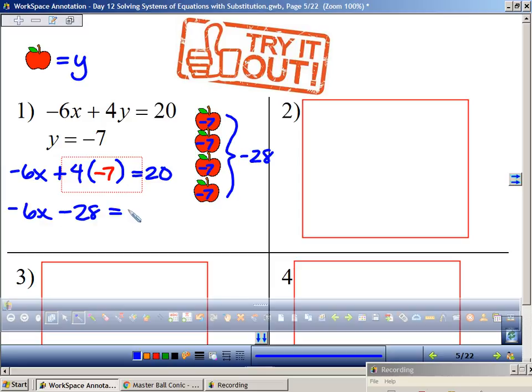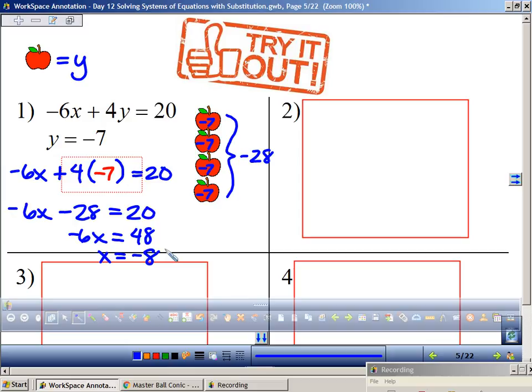Minus 28 equals 20. So negative 6x equals, well, if I have negative 28, how much is it going to be over here? Positive 48. So if negative 6x equals 48, then 1x must be equal to negative 8. I made the same exact mistake last period.